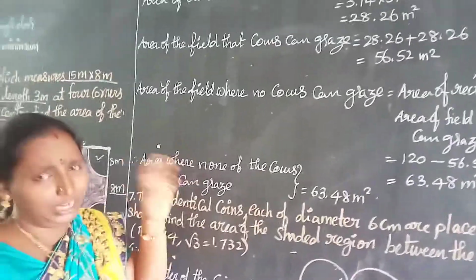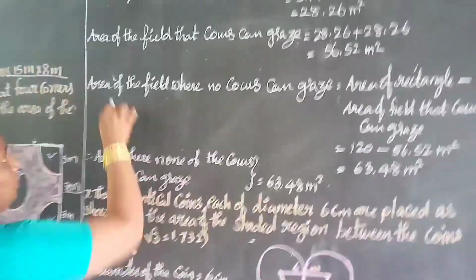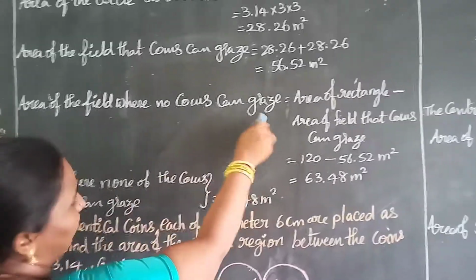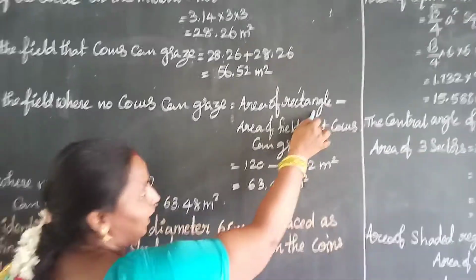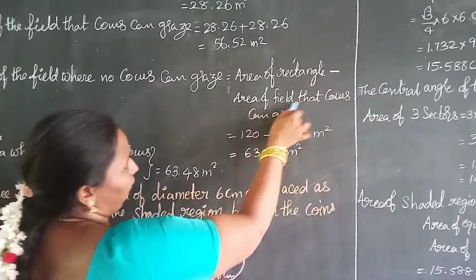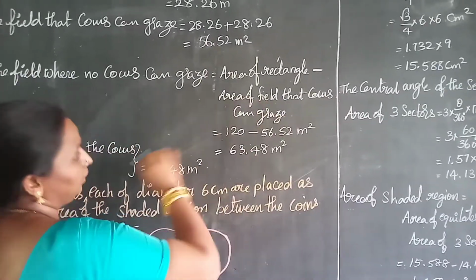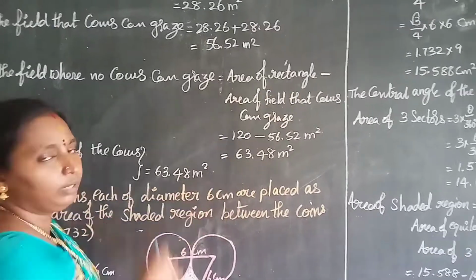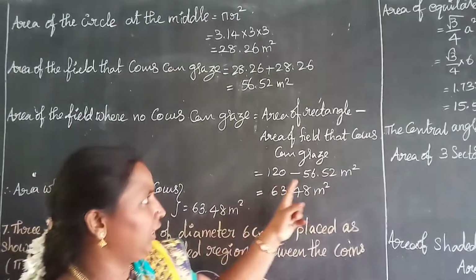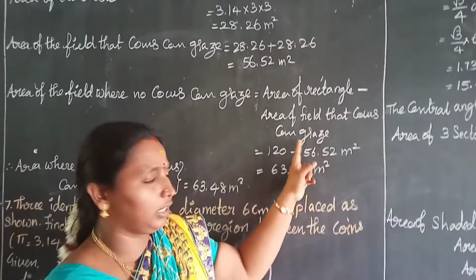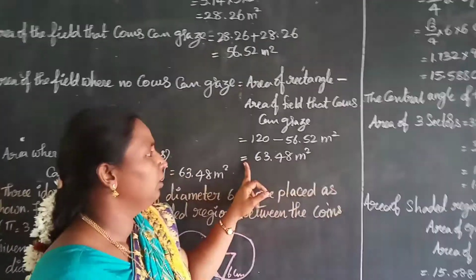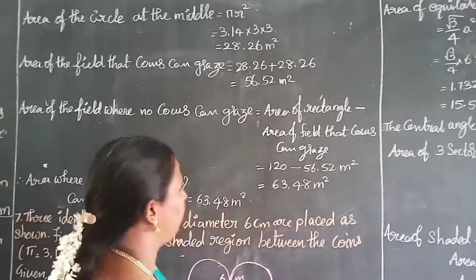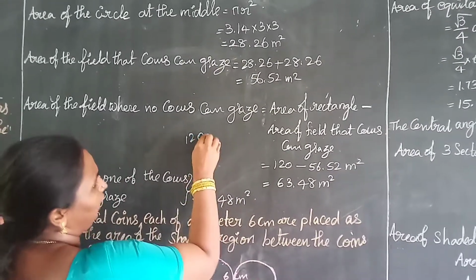The area of the field where no cow can graze. That equals the whole area, the area of the rectangle, minus the area of the field that cows can graze. The area of the rectangle we got is 120, minus 56.52 meter square. So totally we get, subtract these two.